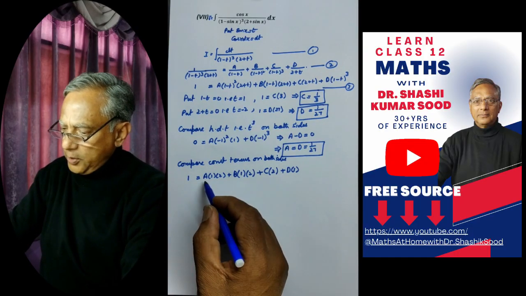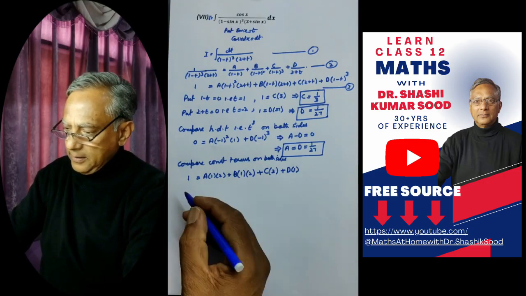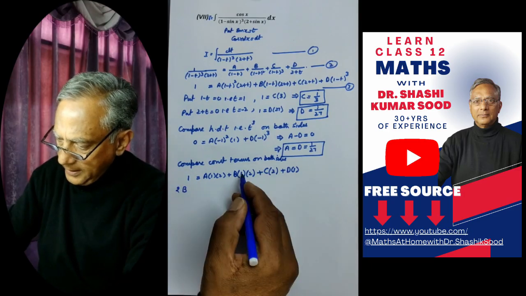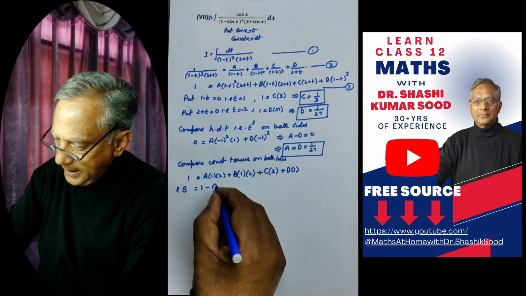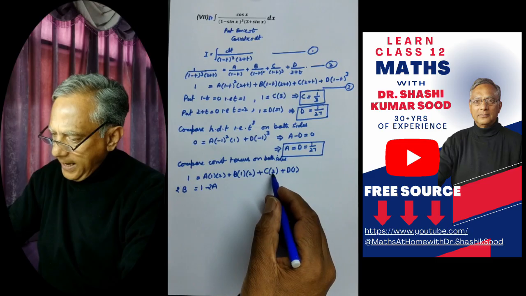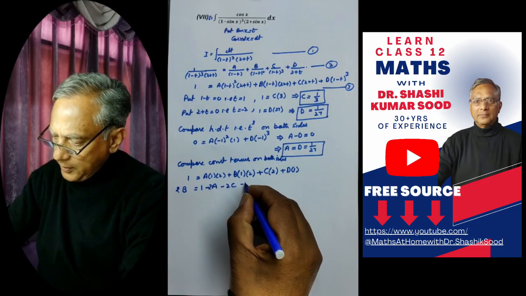Now we substitute a, c, d in this and obtain the remaining constant. 2b, this is 2b. 2b is equal to 1 minus 2a minus 2c minus d.